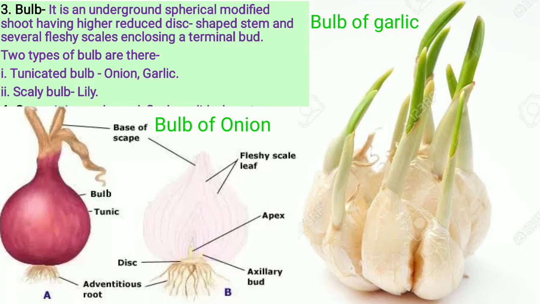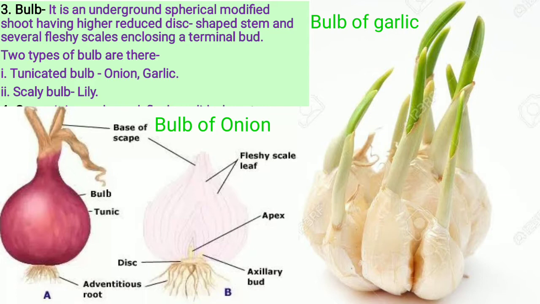So whenever we keep onions or garlic for a few days, we can see that an axillary shoot comes out from the disc or the inner apical bud. So bulbs have this particular structure.